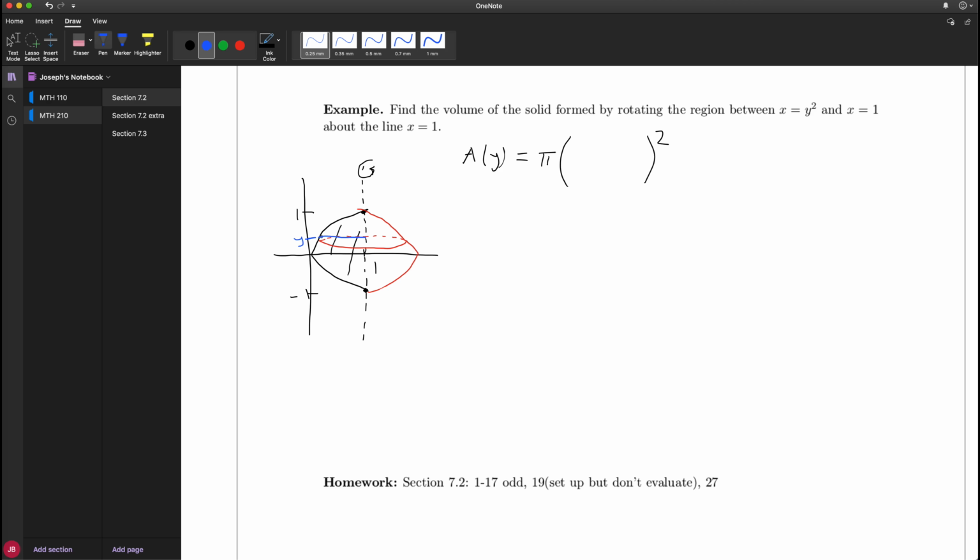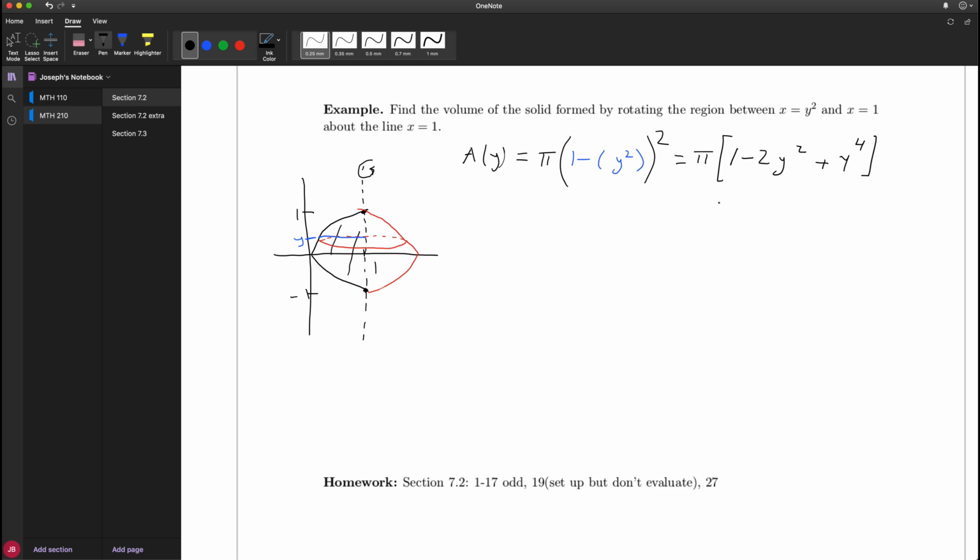Notice as y gets bigger, my radius gets smaller, so I'm always subtracting. So it should be 1 minus that function, y squared. And if we simplify this, we just get pi times 1 minus 2y squared plus y to the 4th.